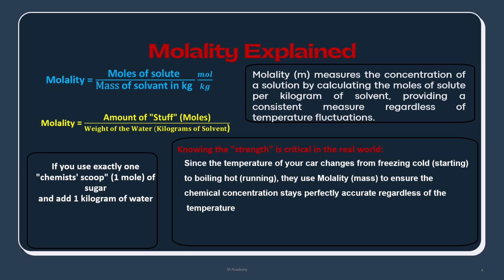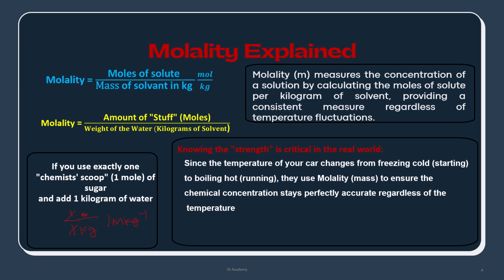Amount of sugar is 1 mole, and amount of solvent is now 1 kilogram, not 1 liter. So now the strength becomes 1 mole per kilogram. Otherwise, the strength of the solution is 1 molal solution.